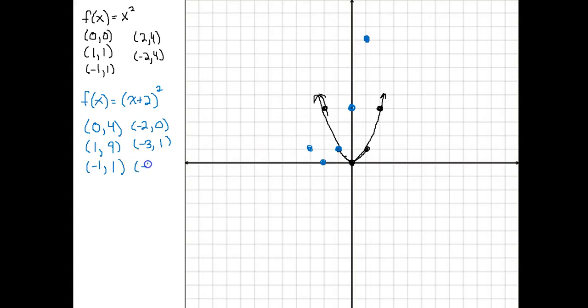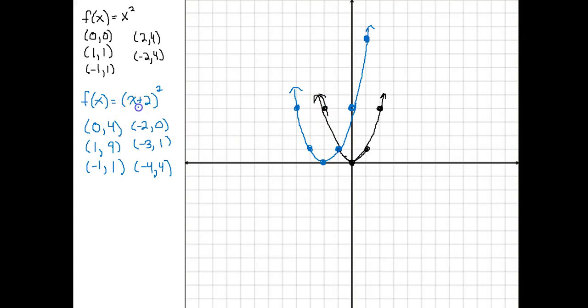And then -4 plus 2 is -2. Squared is 4. That's probably enough. And this is what I had earlier, but then I ended up doing an extra point. But you can see it's a shift to the left 2.